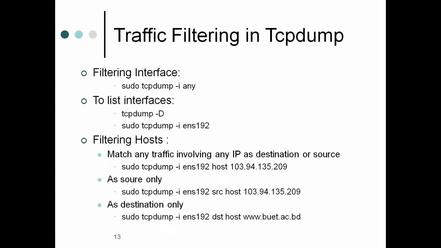As I said, we have two interfaces. In the first command we used -i any, which means it will capture from all the interfaces. If you have 5 interfaces, it will capture from 5 interfaces. But we can define the interface here.